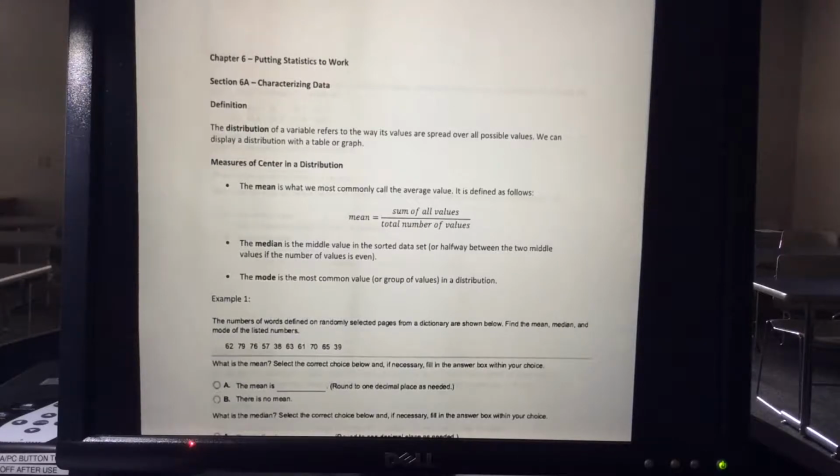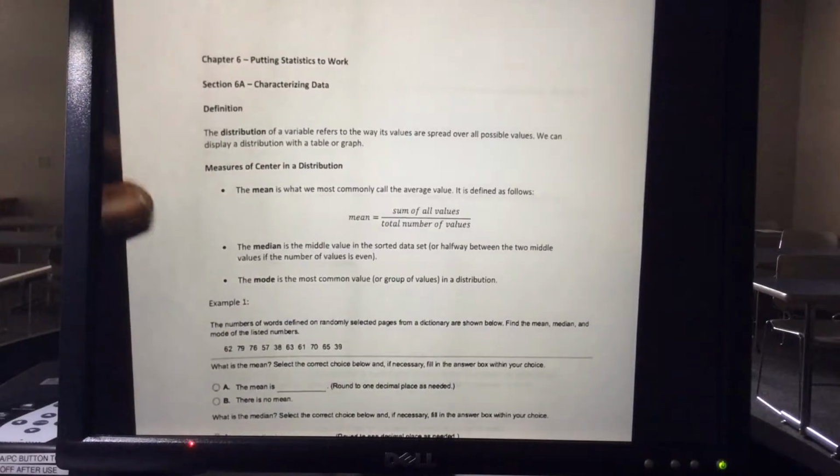So to find the median, you have to sort the data set from least to greatest. And then the mode is going to be the most common value or group of values in a distribution. Here, for a mode, you may have no mode, or you can have one mode or more than one mode in a data set.